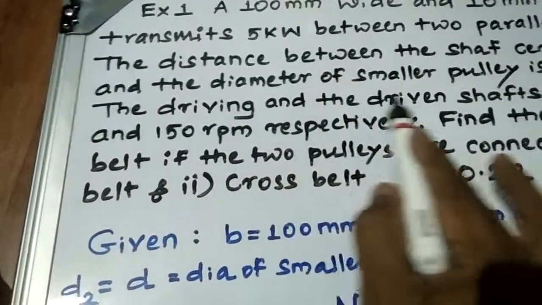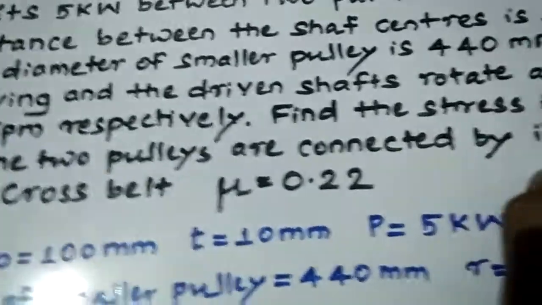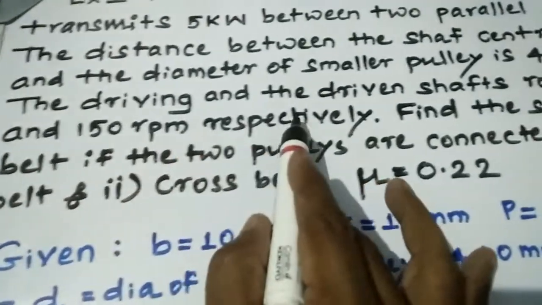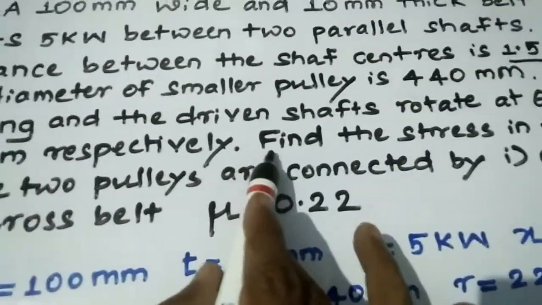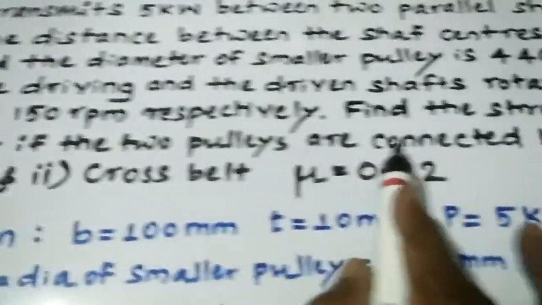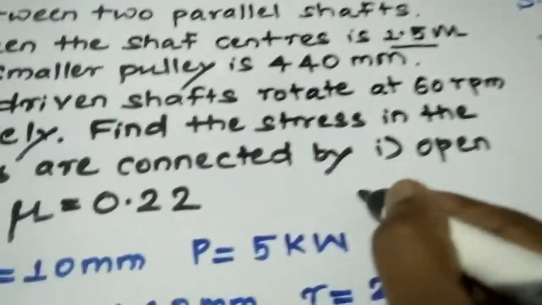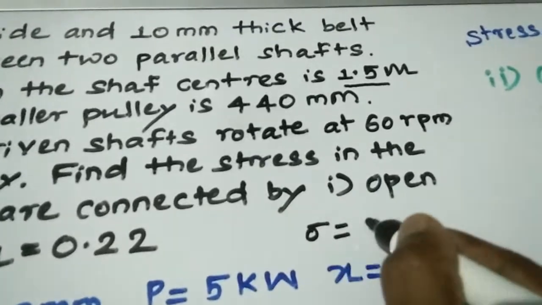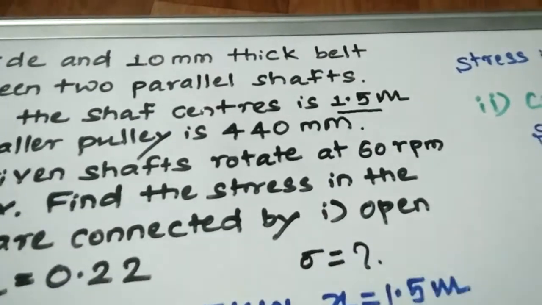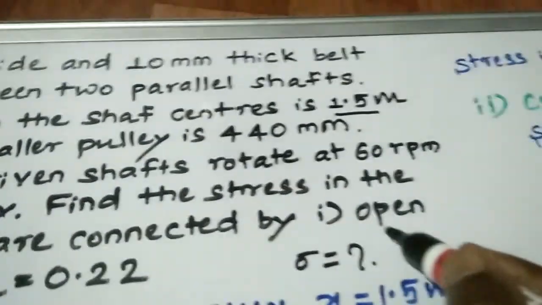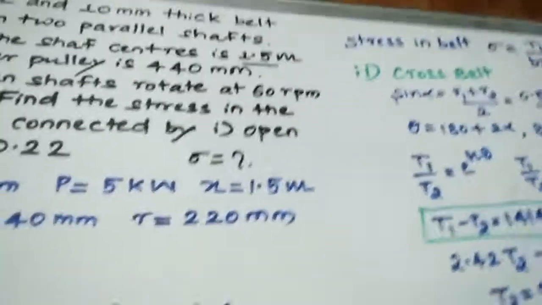The driving and driven shafts rotate at 60 rpm and 150 rpm respectively. Find the stress in the belt if the two pulleys are connected by an open belt and a cross belt. In this, you have to find the stress for the open case and also for the cross belt. Before that, you need the tension in the belt.